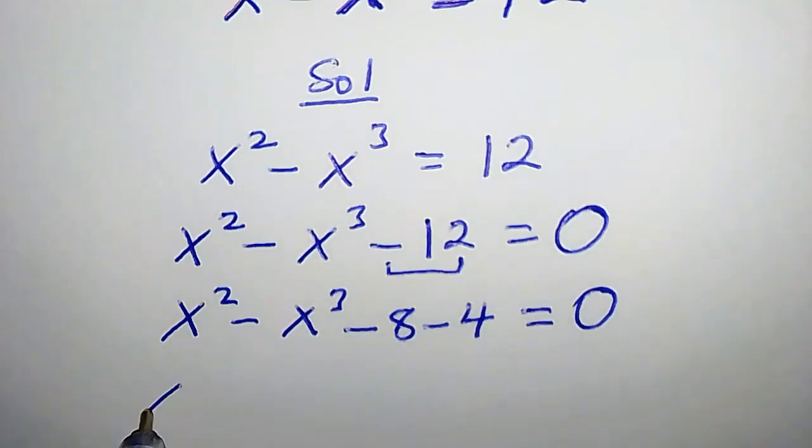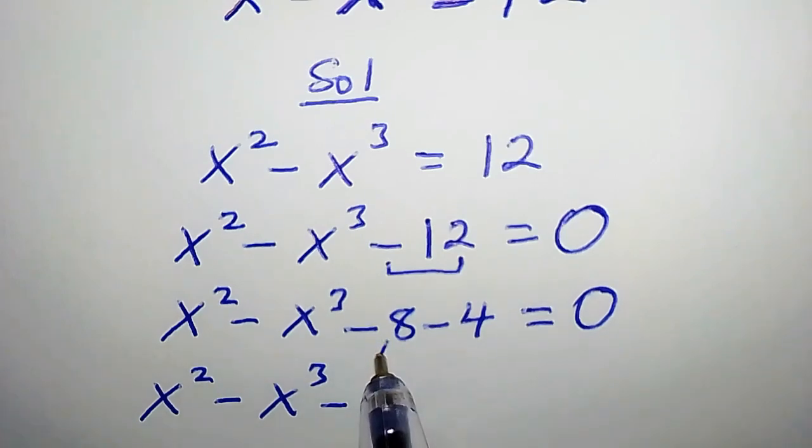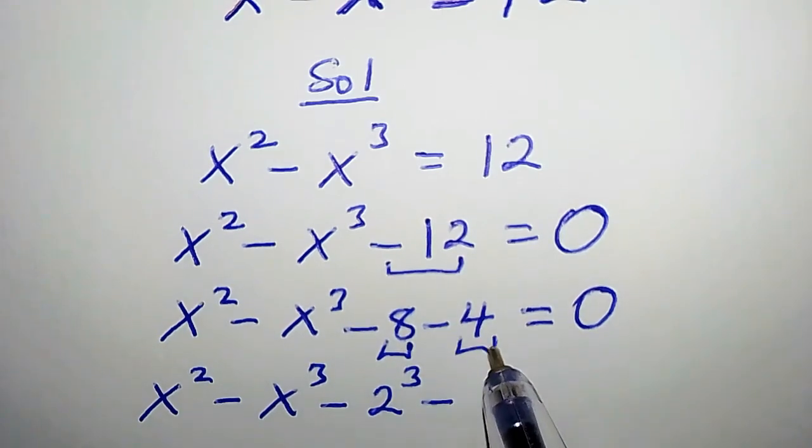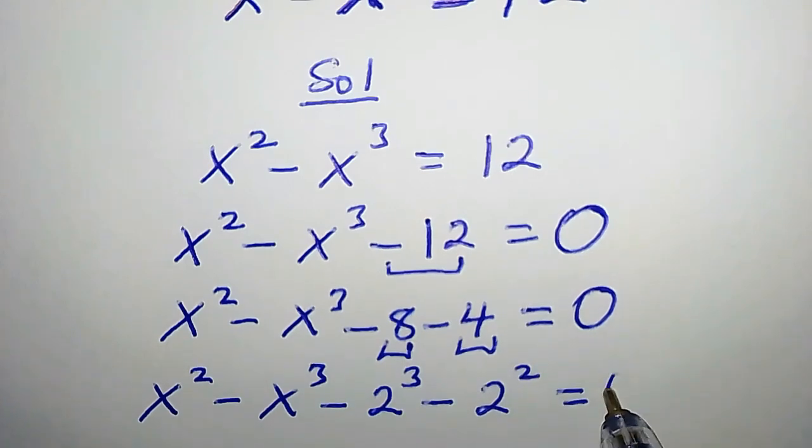I can also rewrite this 8 as 2 to the power of 3, and this 4 as 2 squared, equal to 0.